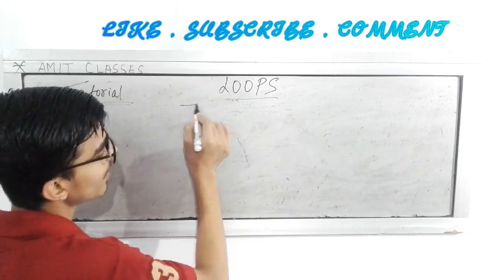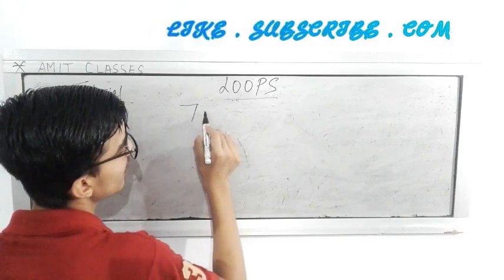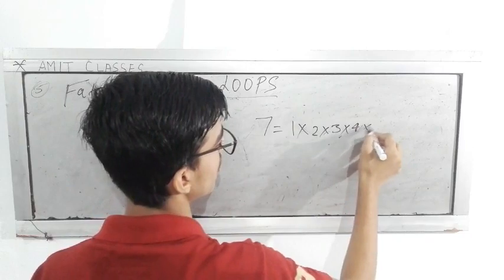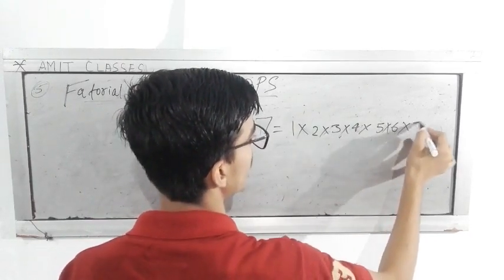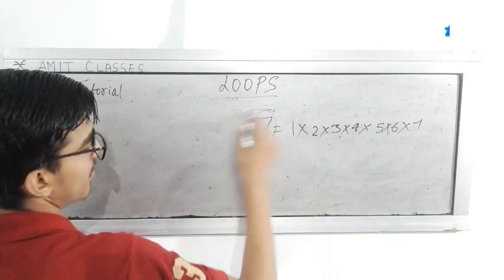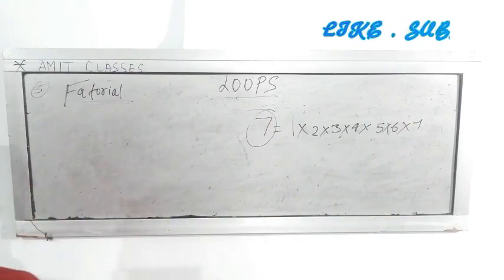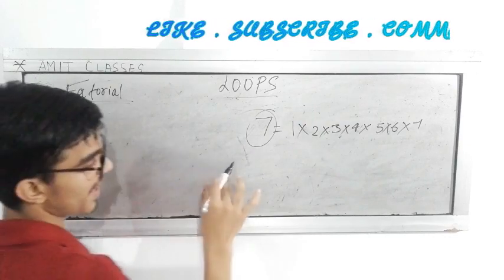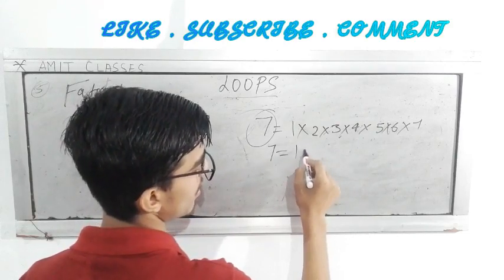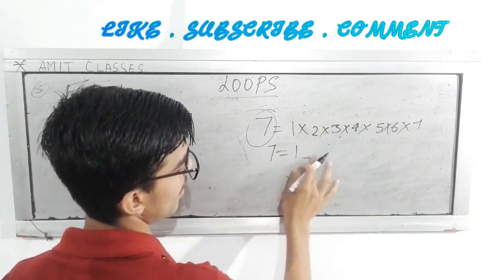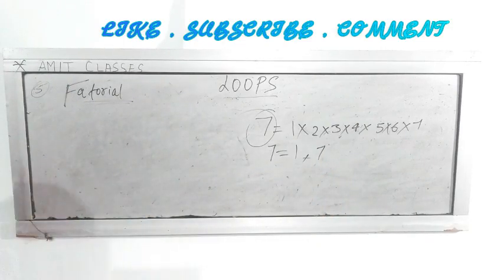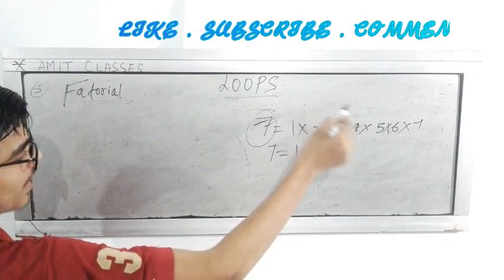If we write 7, then its factorial is equal to 1 into 2 into 3 into 4 into 5 into 6 into 7. There is a difference between factor and factorial. Factors of 7 are 1 and 7. So now we have to find the factorial.